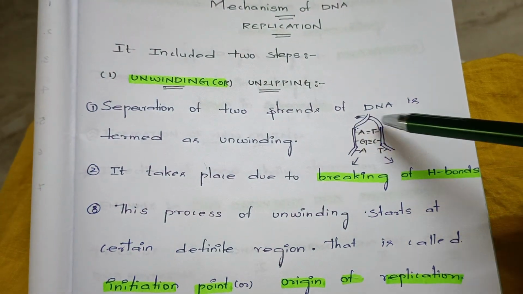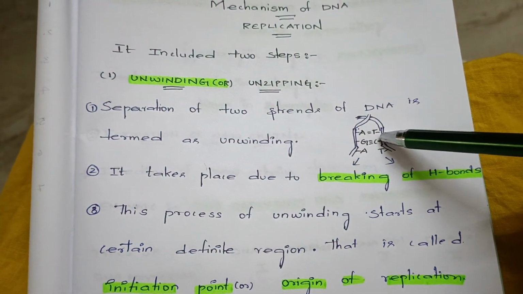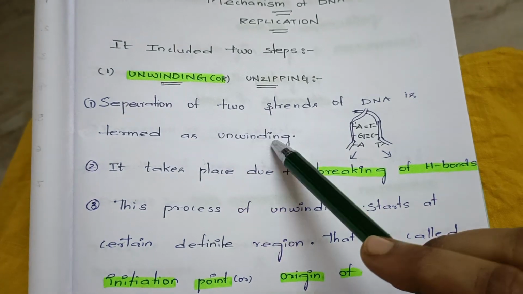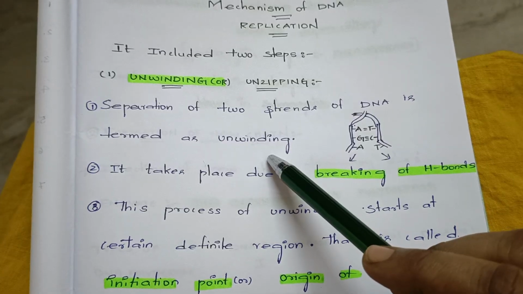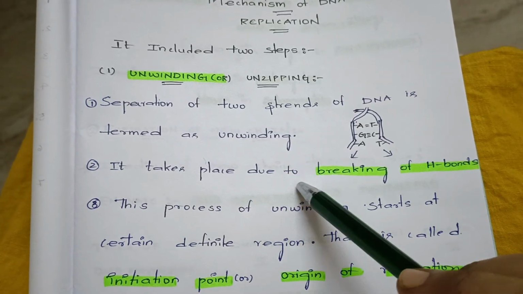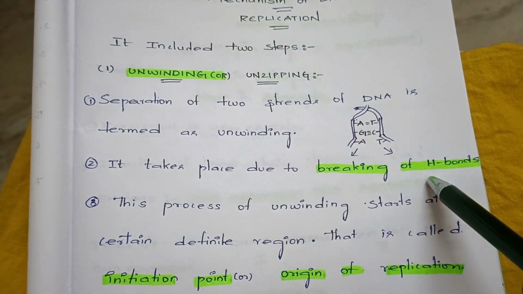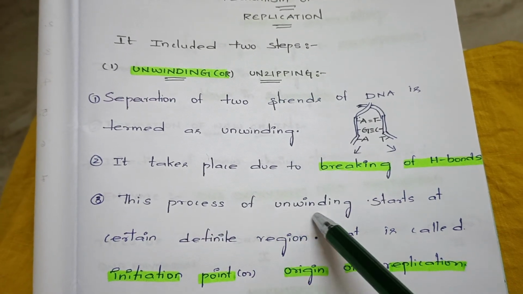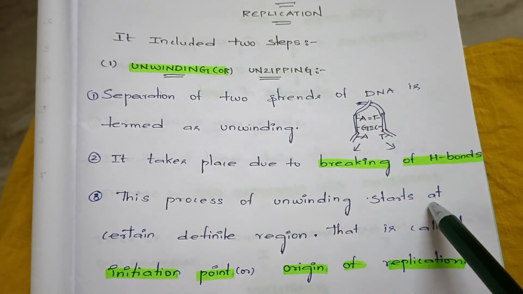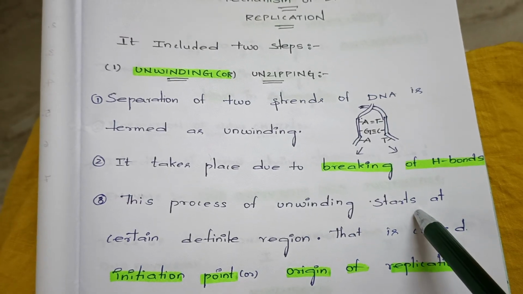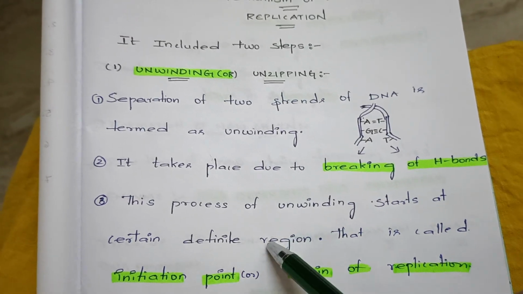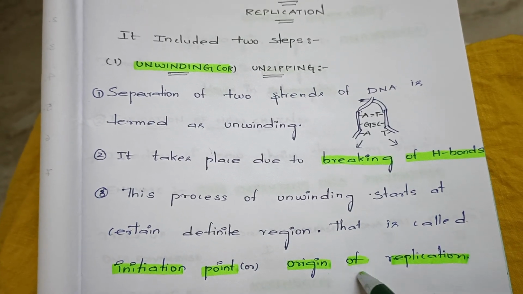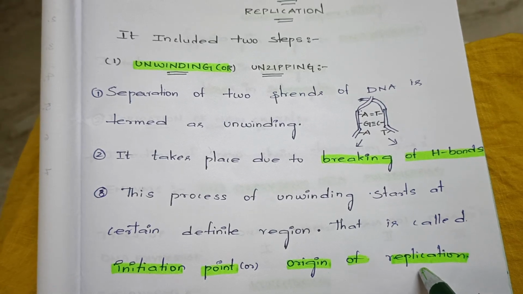So these two strands get separated. That is called unwinding or unzipping. How does this process take place? It is due to the breaking of H bonds, meaning hydrogen bonds. The process of unwinding starts in one definite region, and that region we call the initiation point or origin of replication.